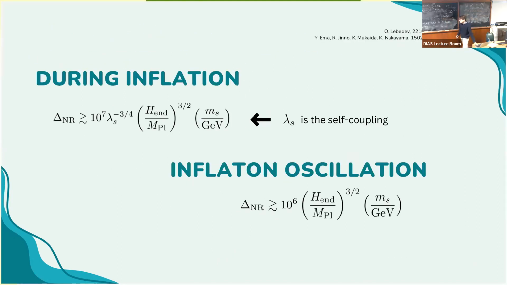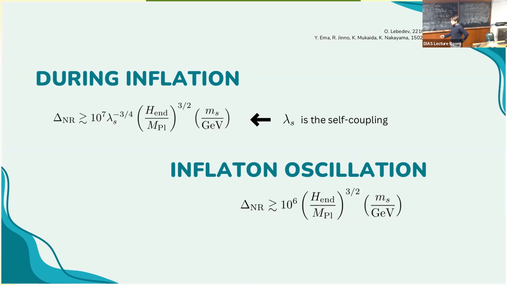Practically, this is what I was discussing: production due to the oscillation of the inflaton, and this gives a bound on how big this delta NR should be. And this looks something like this.